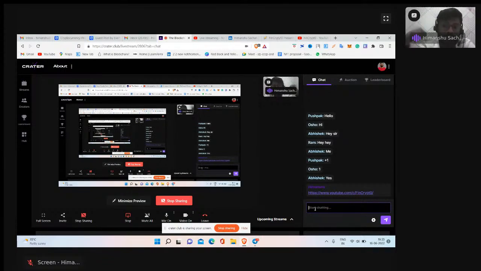The second way is the encoded way, which means first I will encrypt that message and then send it to Pushpak, and then Pushpak has to decrypt the message to read it.